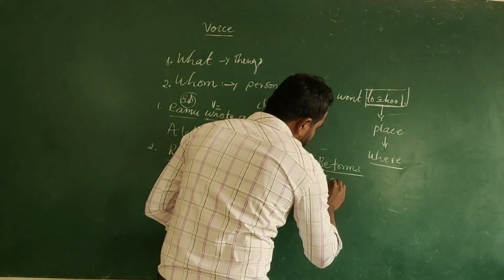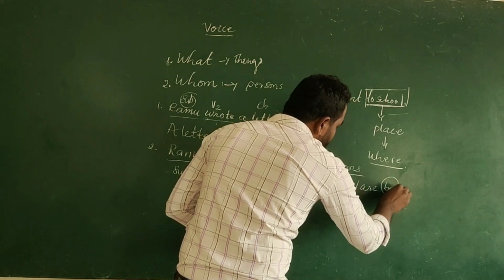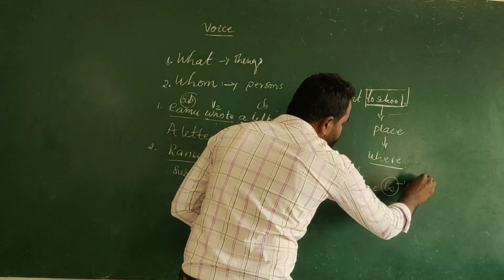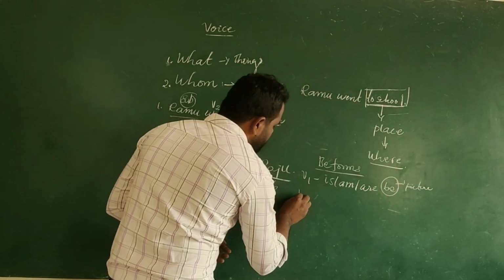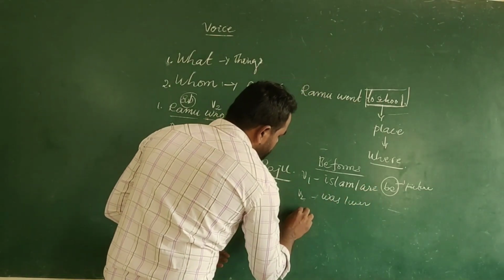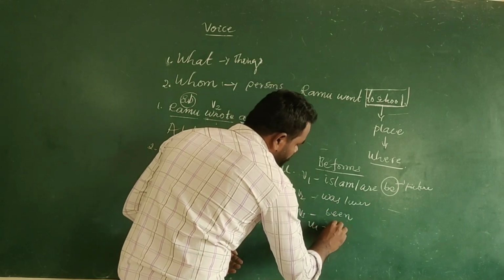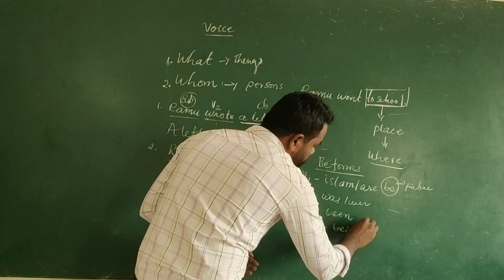V1: is, am, are, and be is for, as I told you, the future tense. V2: was, were. V3: been. V4: been.